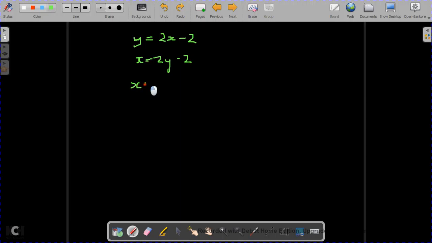So x plus 2 divided by 2 is what our y is. Now I can simplify it a little bit by splitting up the fraction, which is x on 2, or half x, plus 1. Okay, so that's our function for the inverse.